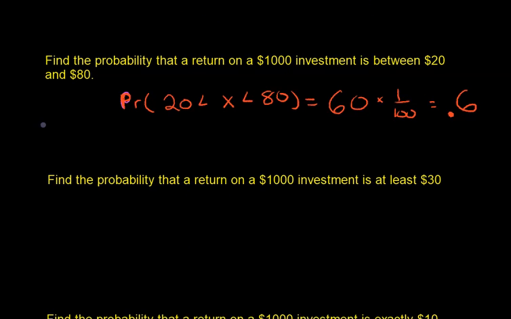Find the probability the return on investment is at least 30. What does it mean to be at least 30? It could be $30, or it can be more than $30. So 40 is at least 30, 50 is at least 30. So it's greater than or equal to $30.